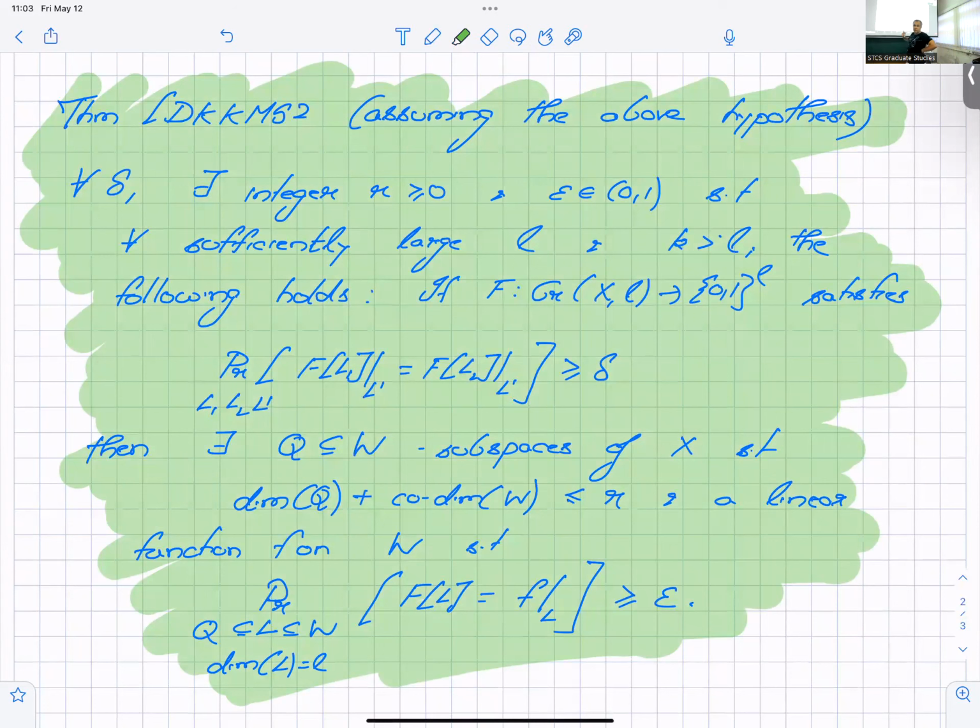And from that to this is an easy transformation. I'll skip that.